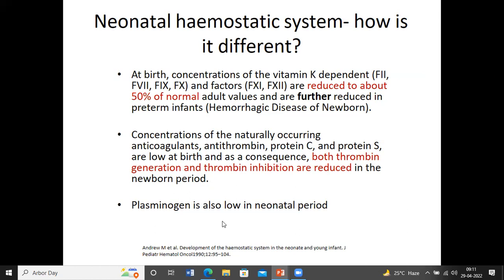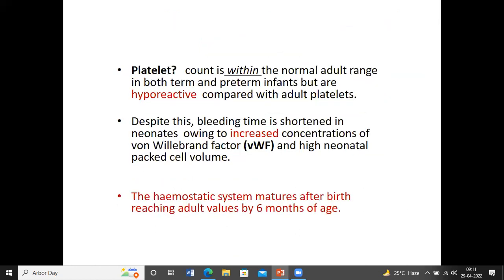Fibrinogen is also low. Platelets are within the normal adult range, but they are usually hyporeactive compared to adult platelets. Despite all this, the bleeding time is shortened in newborns because of the increased concentration of von Willebrand's factor and increased PCV.